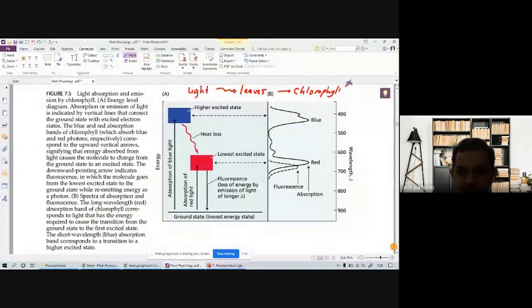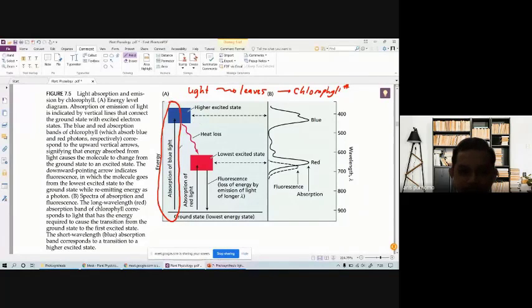So I put an asterisk. It means that the chlorophyll here is in a state of high energy. You can see this is my explanation here.